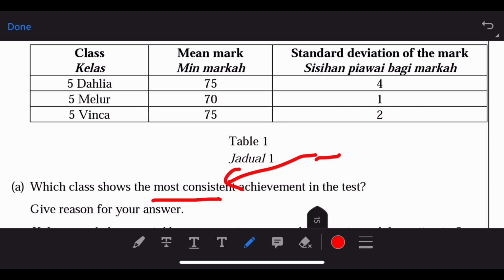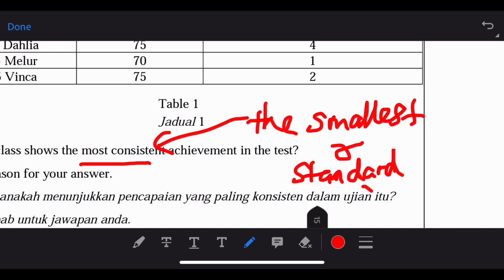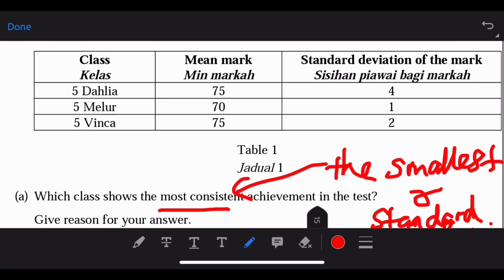For 5 Dahlia, you have 75, standard deviation 4. 5 Merlot, mean is 70, and then standard deviation is 1. And then for 5 Wincha, you have mean 75 and standard deviation is 2. So you're asked to find the class with the most consistent achievement in the test.